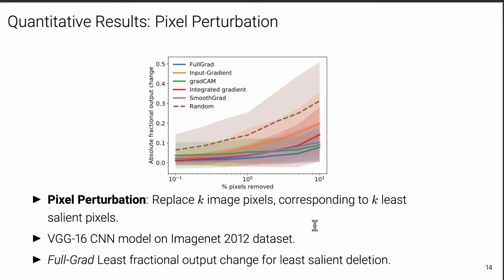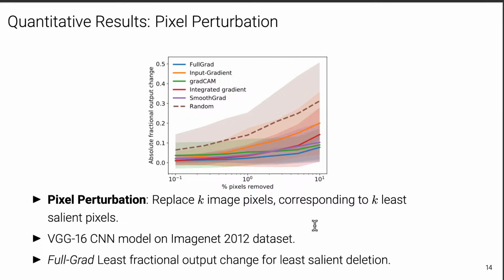So if our model is identifying the least salient pixels correctly, then the model output should not be changing towards this pixel perturbation. So as we remove a greater number of pixels, because we're not removing salient pixels, our network is still going to be able to make its decisions accurately. So deleting these pixels should not be changing network output.